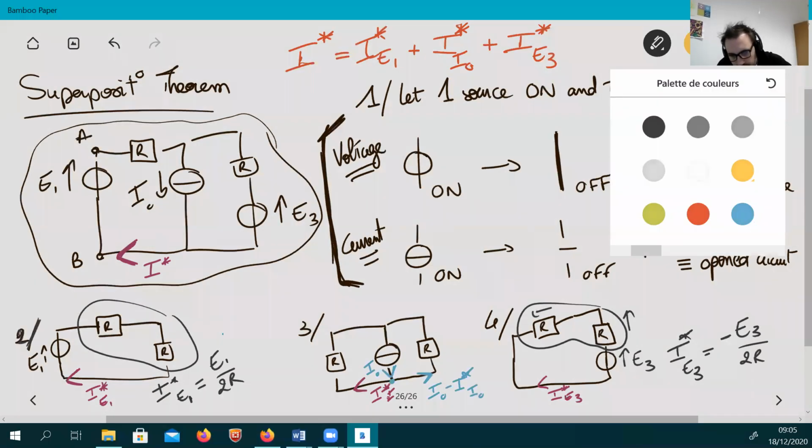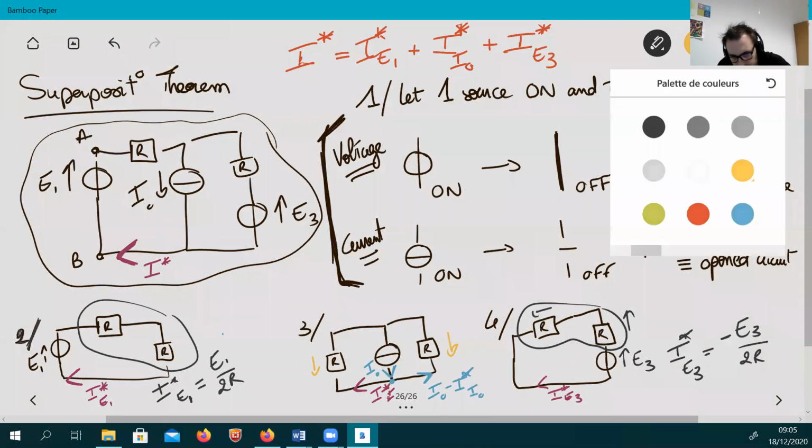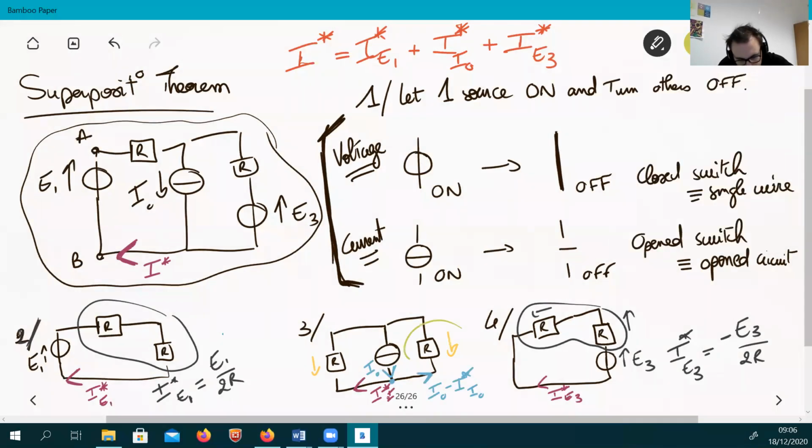Then I move to labeling voltages. And you end up by saying that this voltage here equals this voltage there, because they are both linked by the same node here.